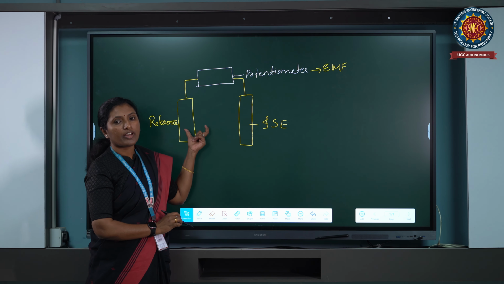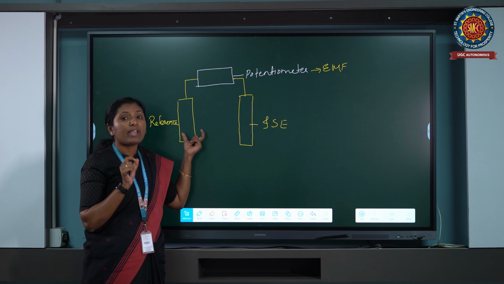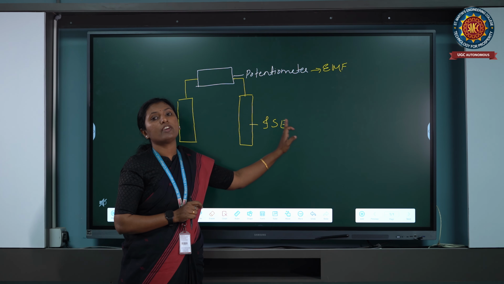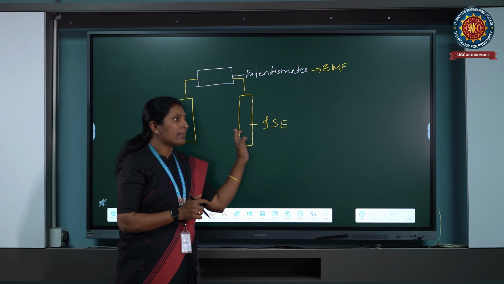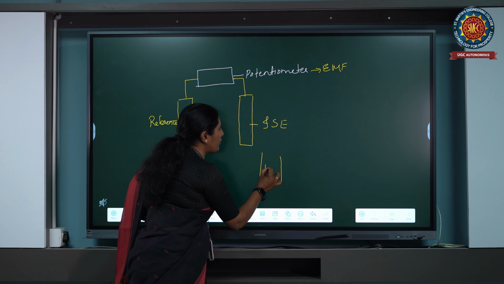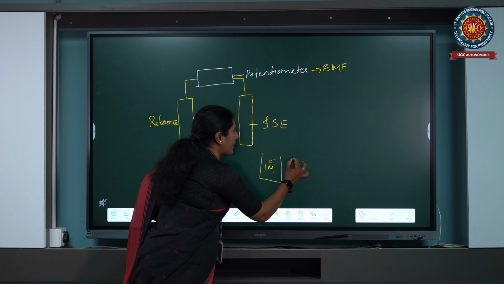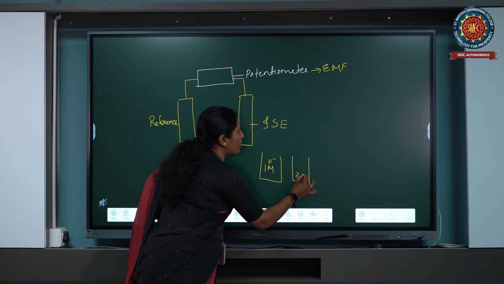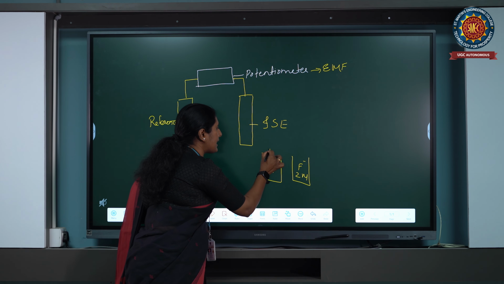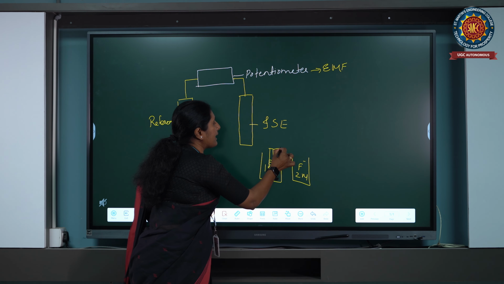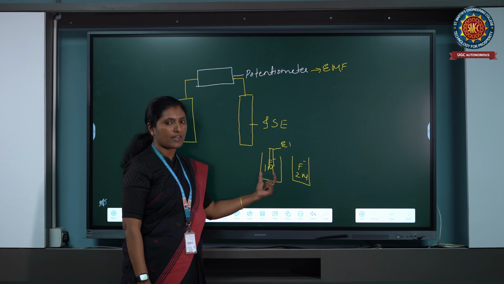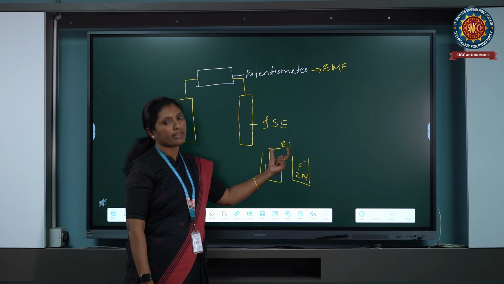So, reference electrode we understood. It will maintain a stable potential. Now the next one is the ion selective electrode. What is an ion selective electrode? The same example: in one beaker I took 1 molar fluorine solution, and in another beaker I took 2 molar fluorine solution. I keep the ion selective electrode in the first beaker, the 1 molar solution, and you get an EMF of E1.